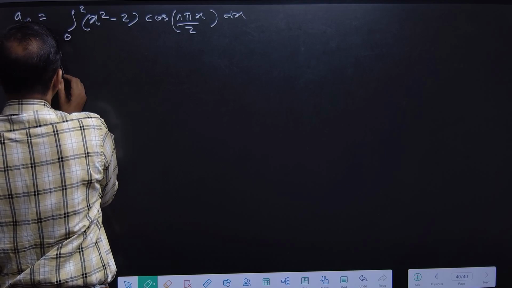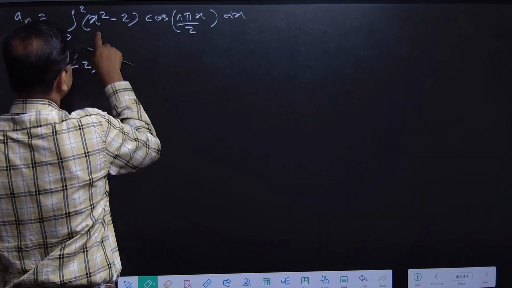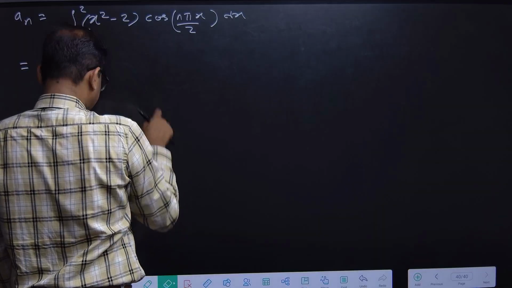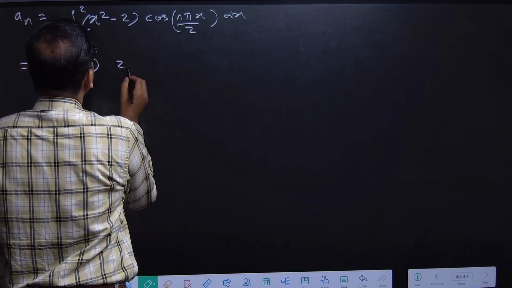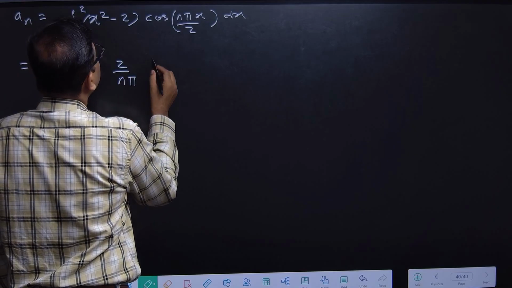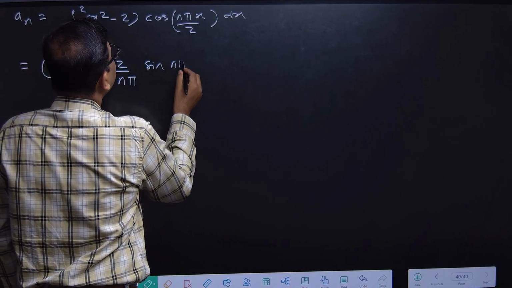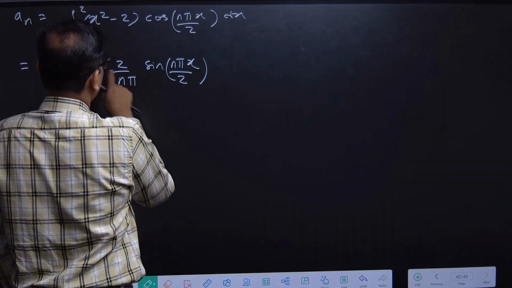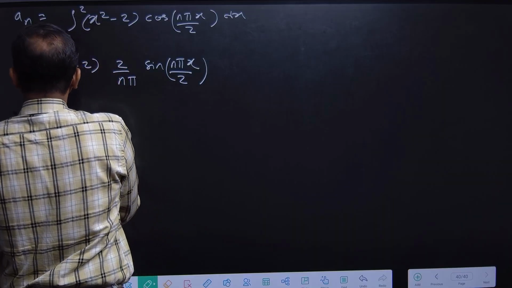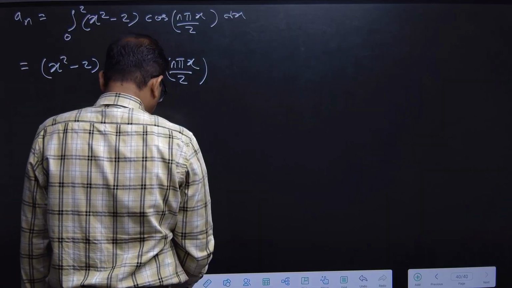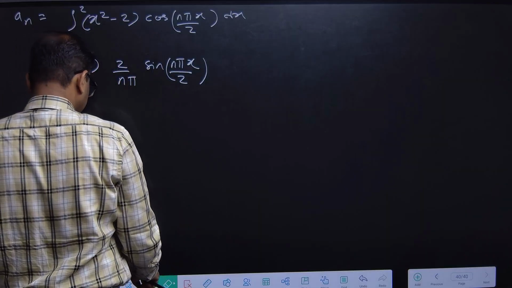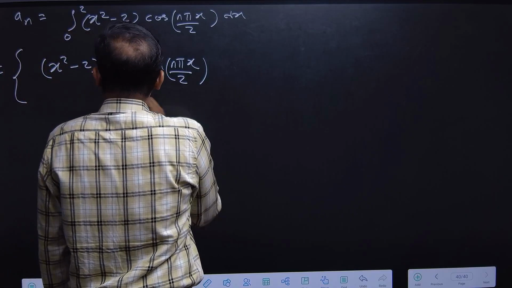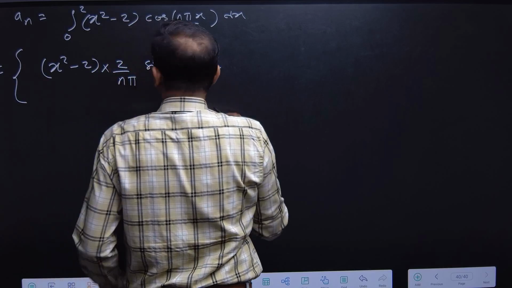You see, u is x square minus 2. It is u into v1. V1, we have got it as 2 upon n pi into sine n pi x upon 2. So it is u into v1, then minus u dash.